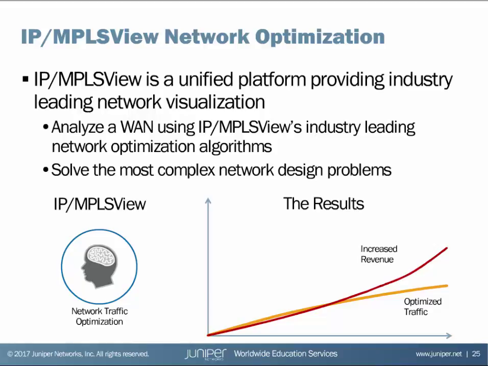It is used primarily to analyze a service provider MPLS or routed network, a WAN, and learn it, build a model of that WAN. Then it has algorithms that can be used on that network model to help optimize the design and performance of a service provider WAN.